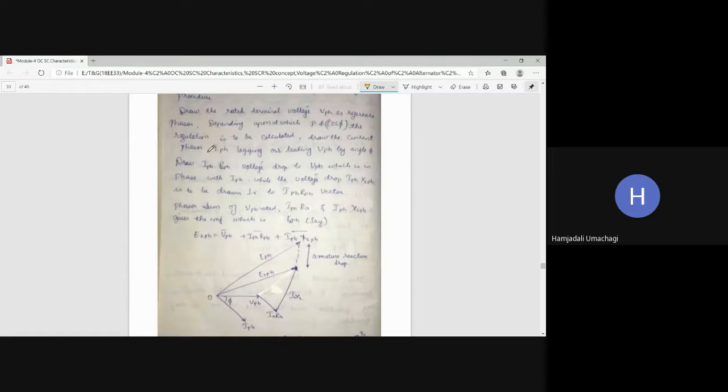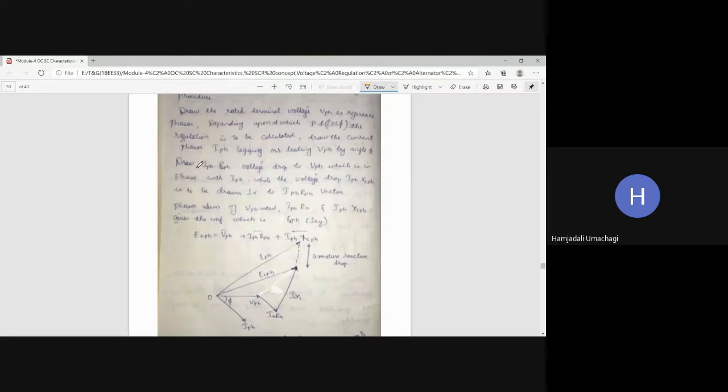Draw the current phasor IPH lagging or leading; it all depends on what type of load you are connecting. If it is inductive, it will be lagging. If it is leading, then current will lead the voltage VPH by an angle of phi. But for our case here, current is lagging the voltage.